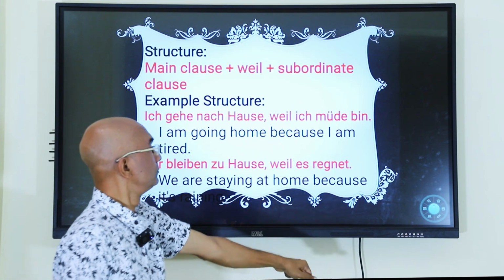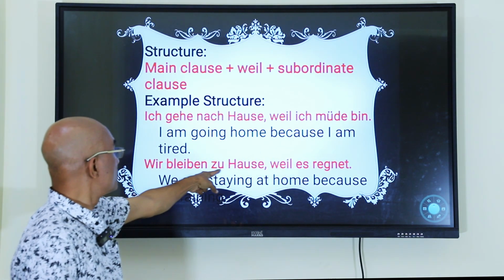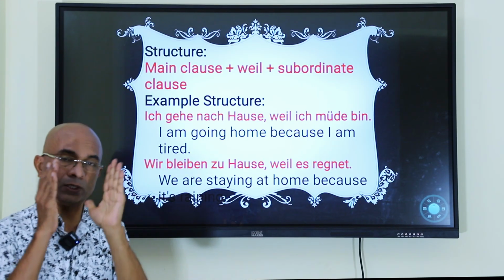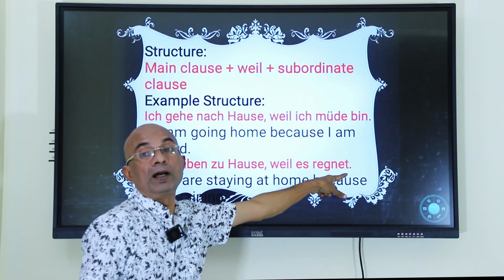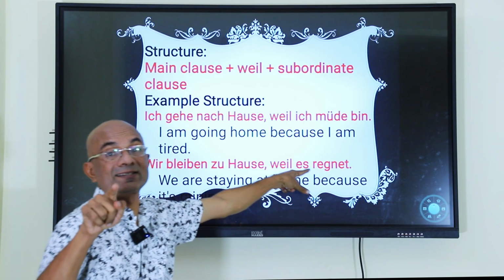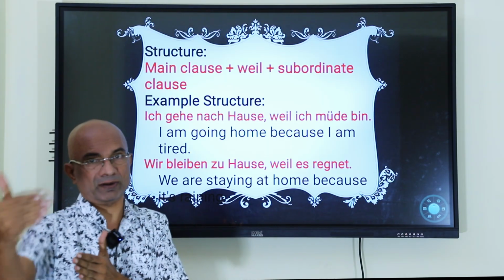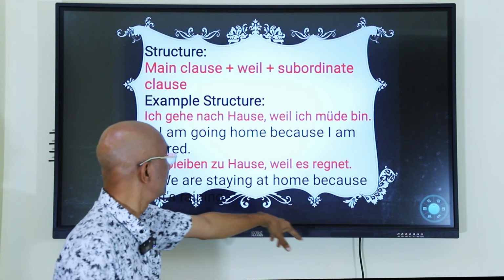Here the verb is at the end. Wir bleiben zu Hause is the main clause, the Hauptsatz, and we have another sentence, the Nebensatz, "weil es regnet". Klar?